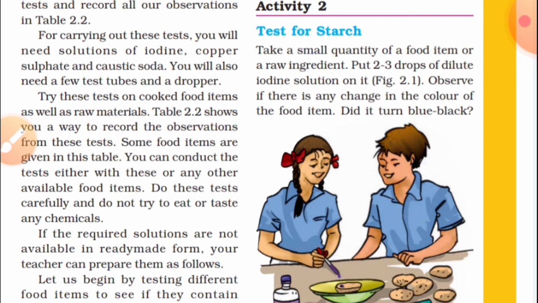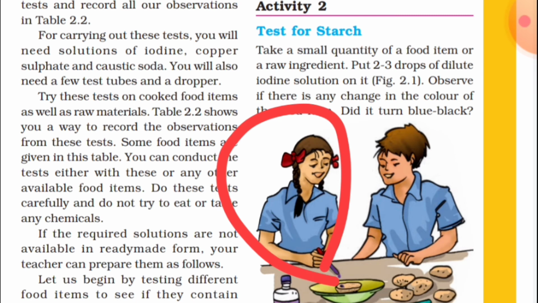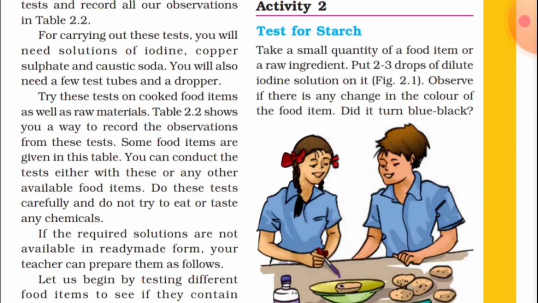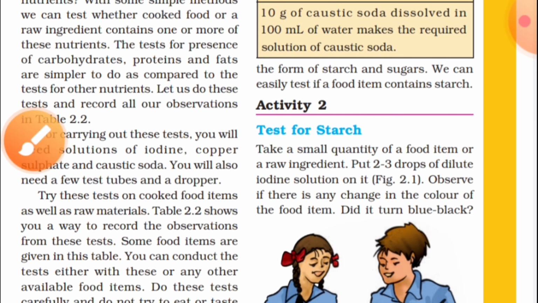So a small quantity of food item is taken and 2 or 3 drops of a dilute iodine solution are put on it. This girl here takes the iodine solution and puts it on the food in the plate. Clear? That is in this way.